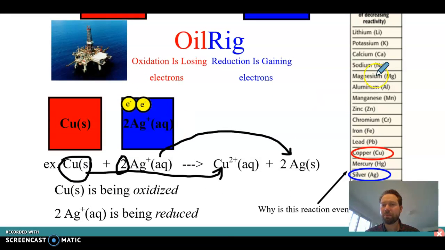It's a list of metals that are more reactive than others, and copper is slightly higher on this list than silver. Because of that, copper is going to want to give away its electrons more so than silver, and so it forces the reaction to the right.